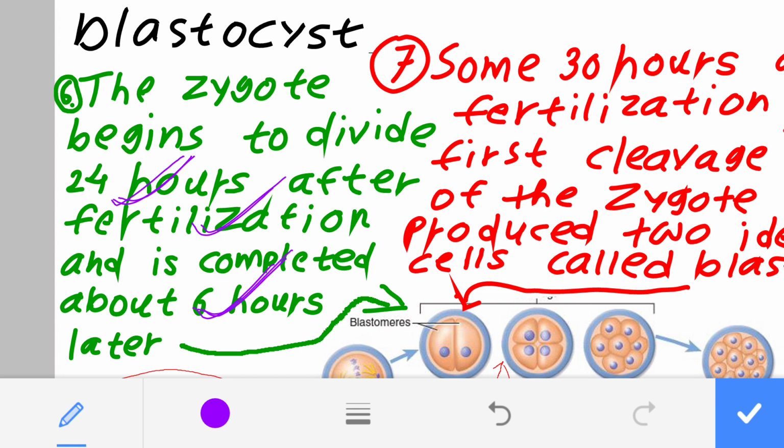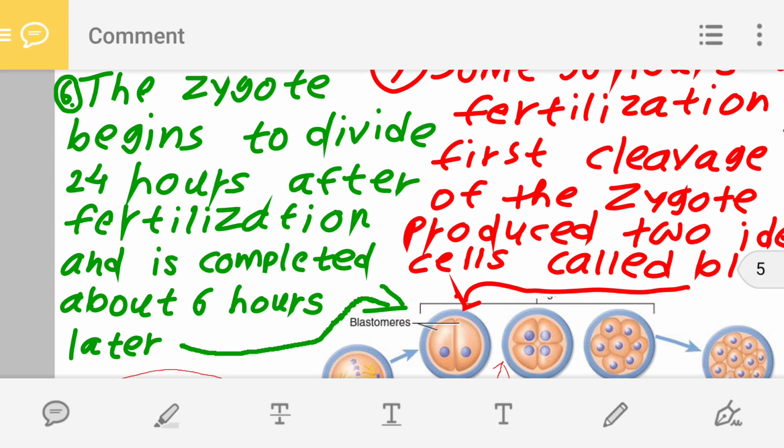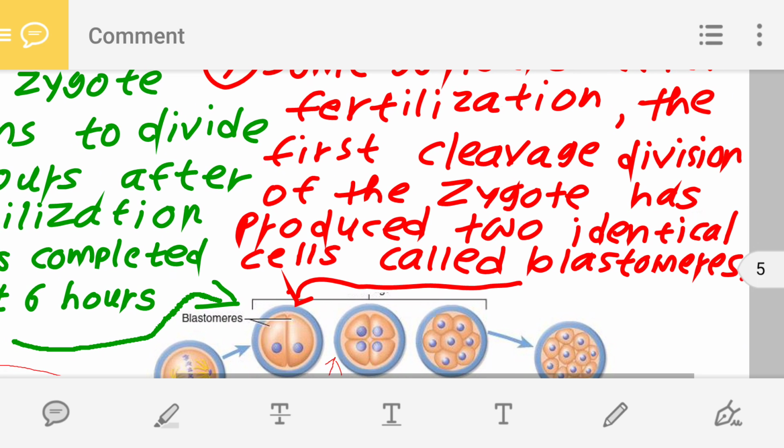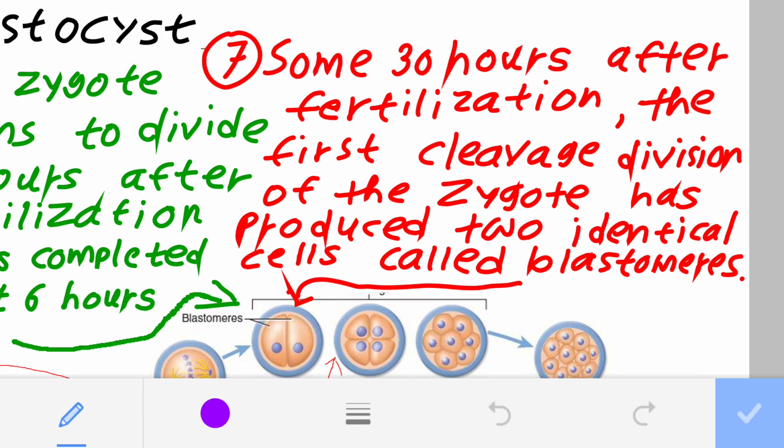So once again, the zygote begins to divide 24 hours after fertilization, and this first cleavage is completed about 6 hours later. So we can say 24 plus 6, about 30 hours later.